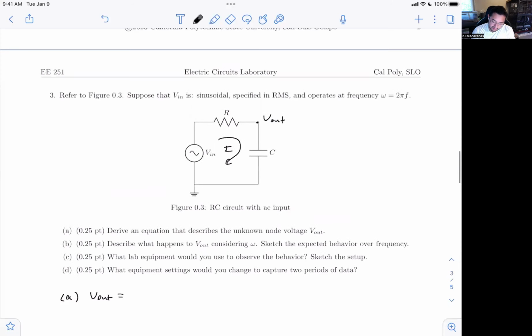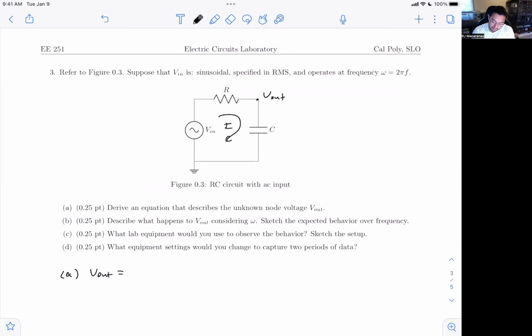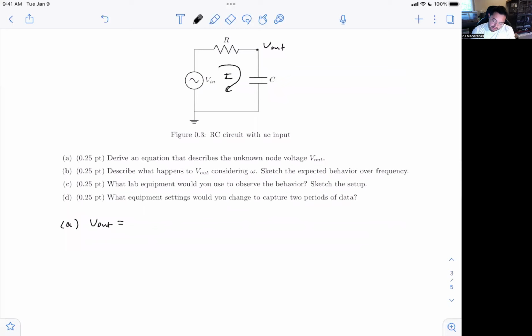Since we're in sinusoidal steady state, we're assuming that it's sinusoidal, we can find V out using the impedance model. So it's going to be I times the impedance of that capacitor. And since V in is specified in RMS, this current is also an RMS, and we actually need the magnitude of the impedance there.